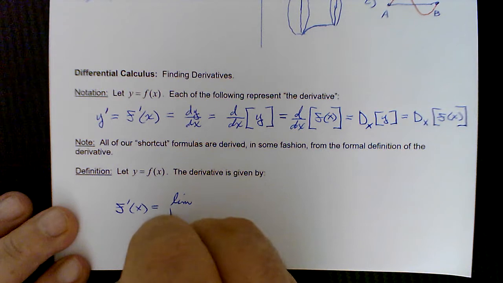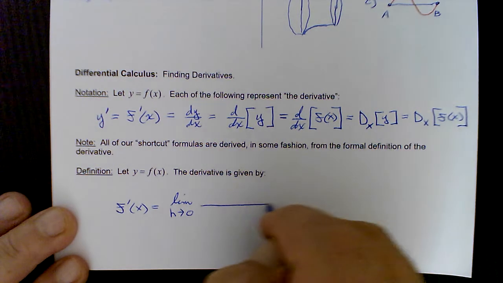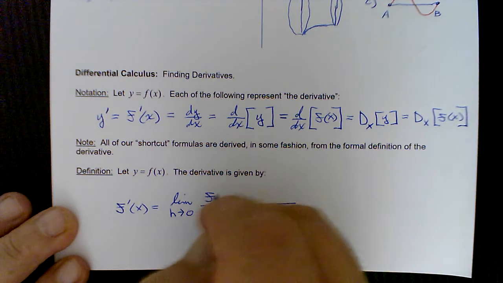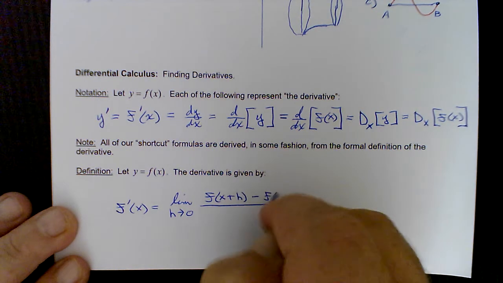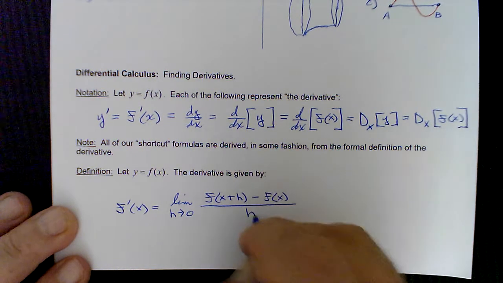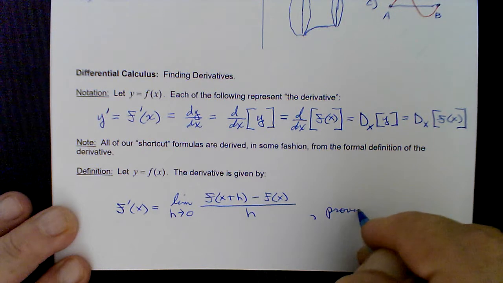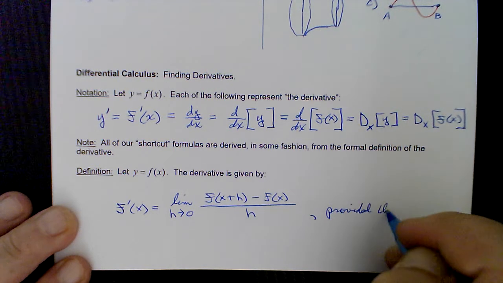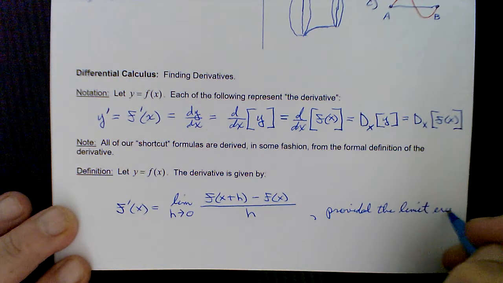I'm going to choose to use h. The limit as h tends towards 0 of f of x plus h minus f of x, all divided by h. And this is formally provided the limit exists.